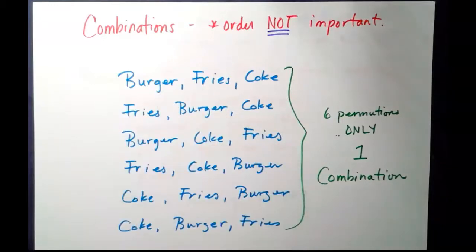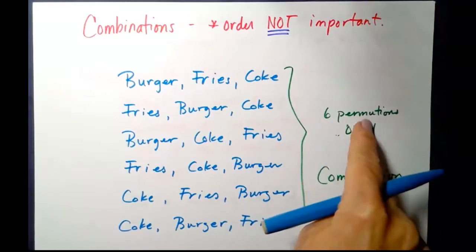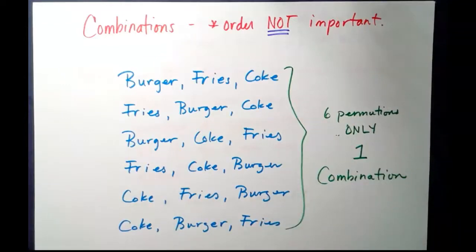But here's a good example of one combination that could be put into 6 distinct permutations. Burger, fries, Coke, burger, Coke, fries, Coke, burger, fries. So, one combination, but 6 distinct arrangements.